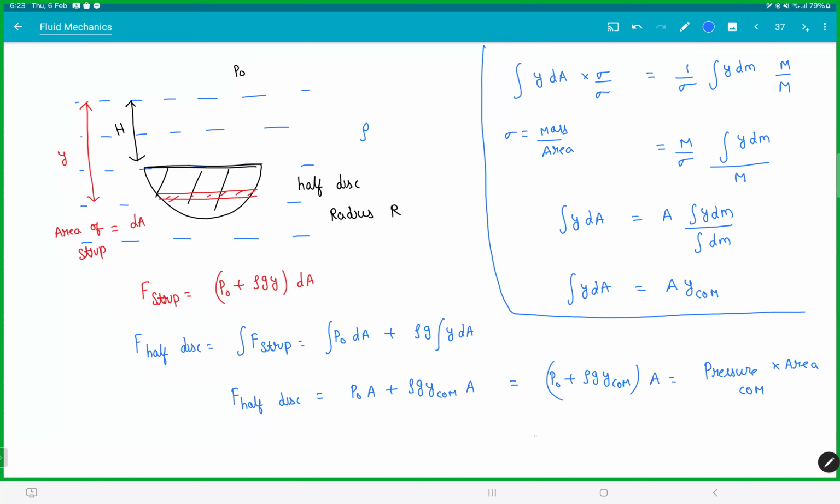So in our case, my answer would be P naught. The center of mass is at a distance of h plus, for a half disk, 4r by 3 pi. Area of the half disk is pi r square by 2. That is your force, everyone.